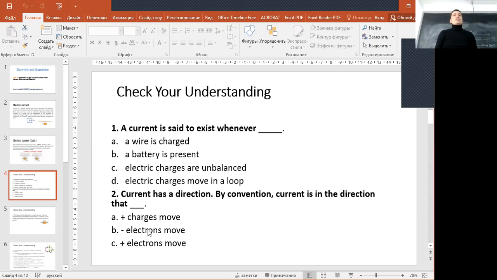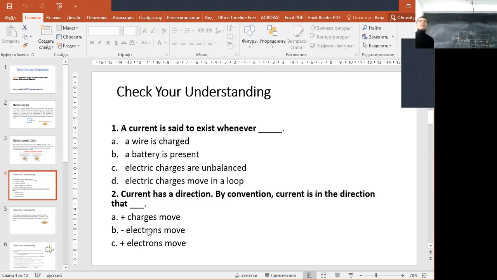Current has a direction. Here in metal, if the wire is metal like aluminum and so on, free electrons are moving through the conductor.